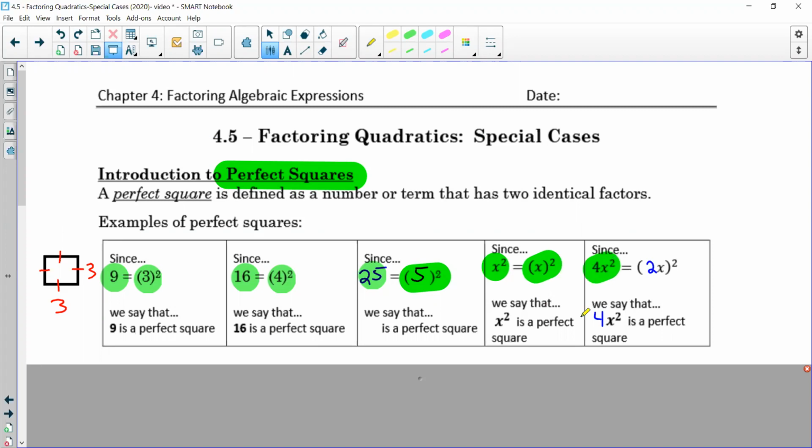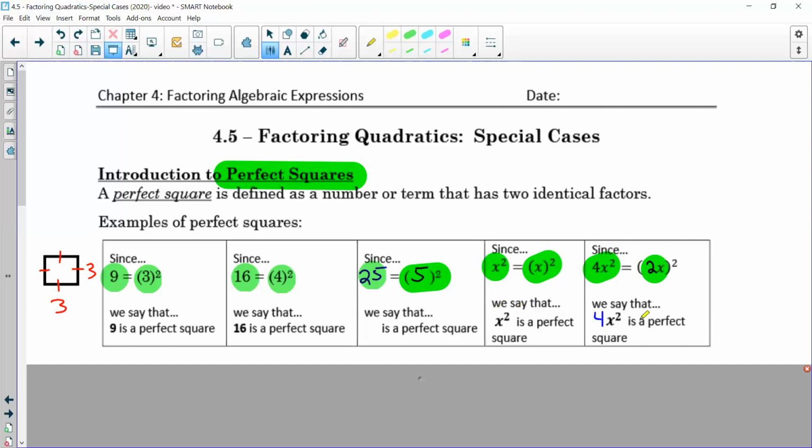This one's even sneakier. So 4x squared. 4 is a perfect square, and x squared is a perfect square. So that's what you get inside the bracket. The 2 is squared to give you the 4, and the x is squared to give you the x squared. So your perfect square is 4x squared, and it would be rewritten as 2x all to the power of 2.